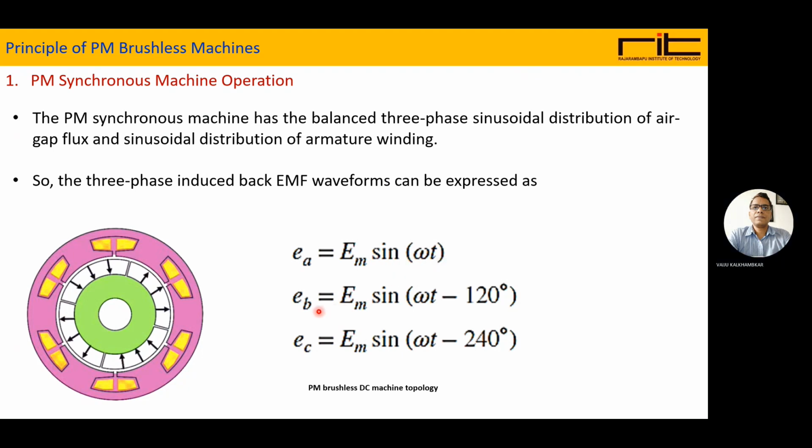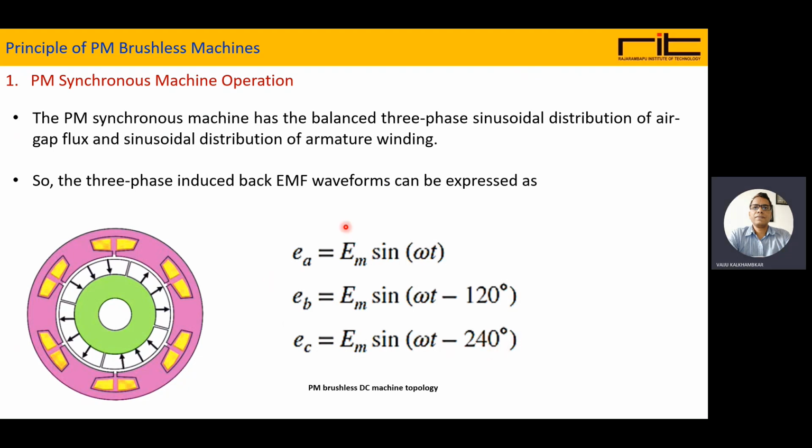Then the phase B EMF will be Em sin(omega t minus 120), a 120 degree phase difference. And the third one, EC, is equal to Em, the maximum value of the induced voltage, into sin(omega t minus 240), that is, it is lagging by 240.